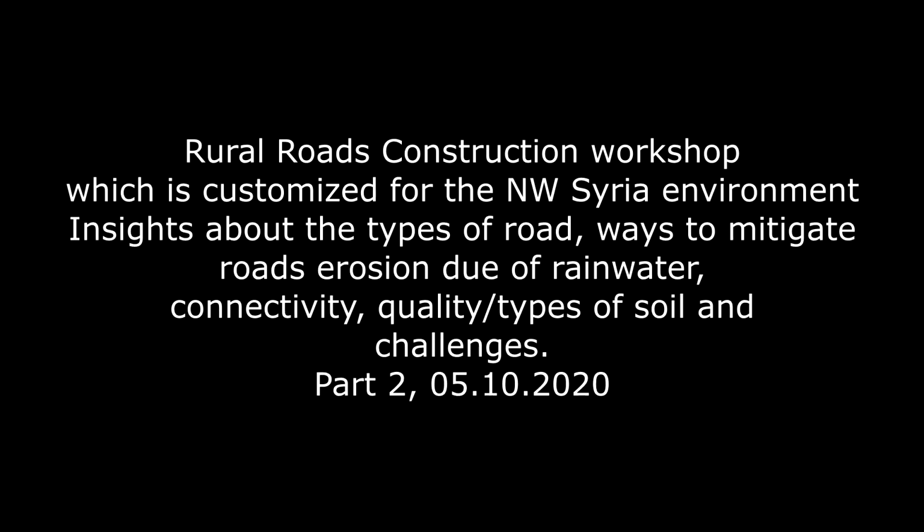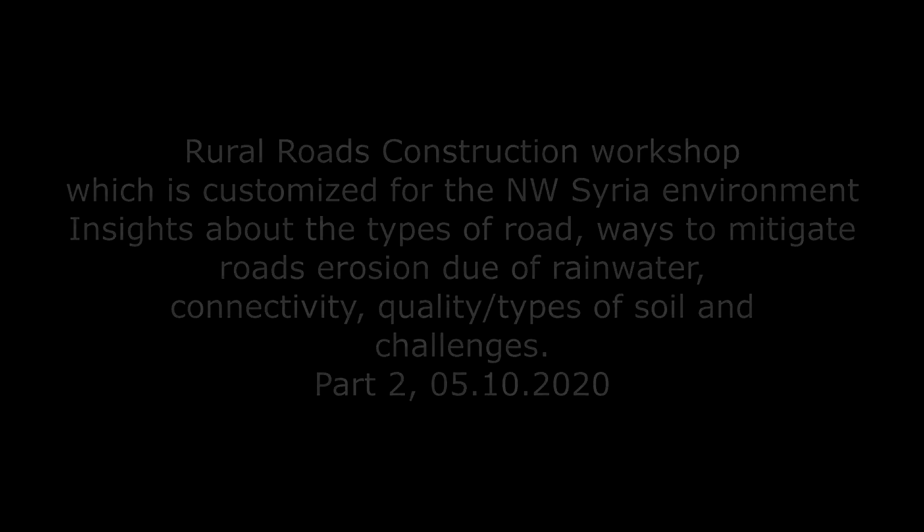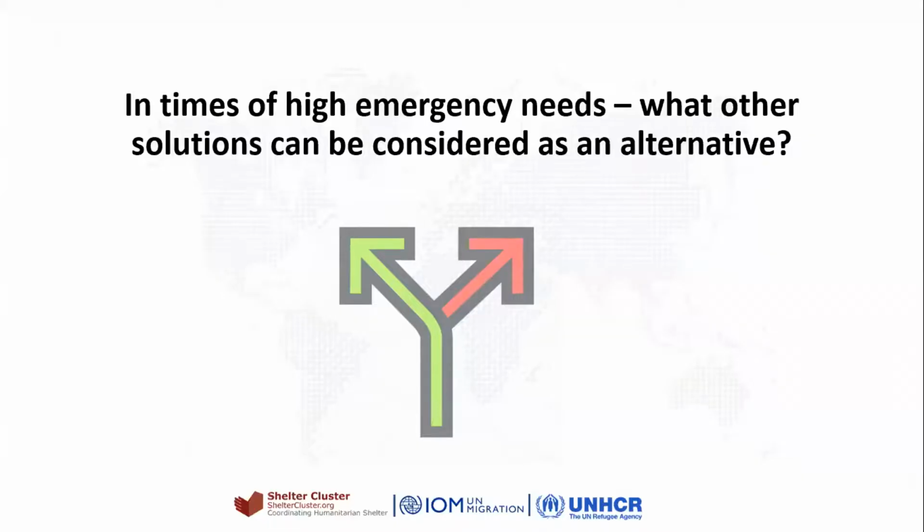Hello, everyone, and thank you for the participation last week and today as well. This is the topic we're going to talk about briefly: the emergency construction of emergency roads.